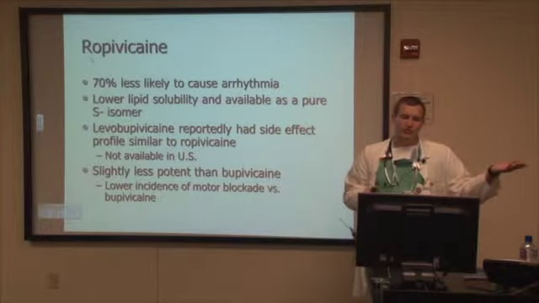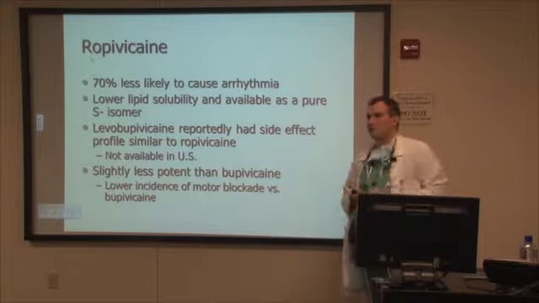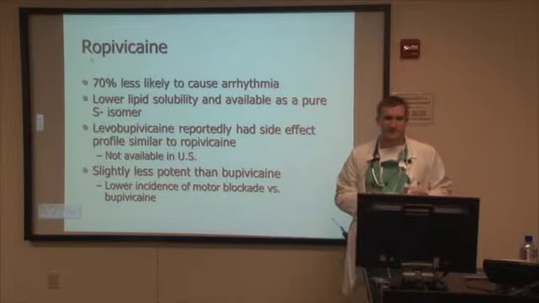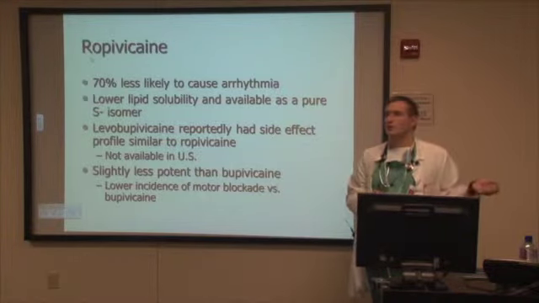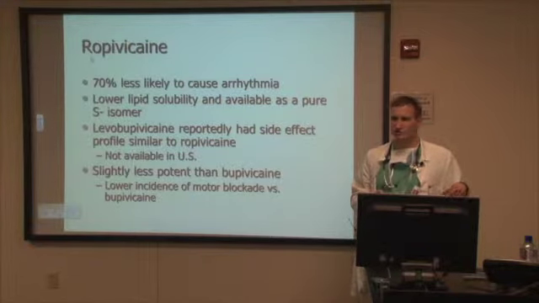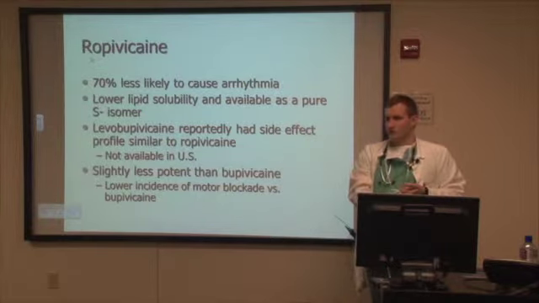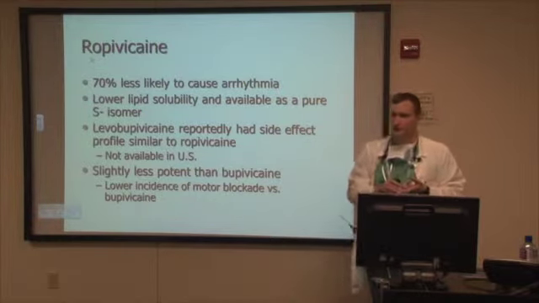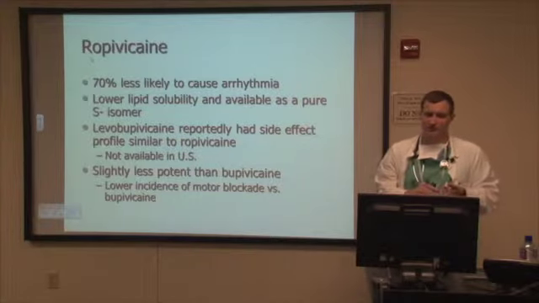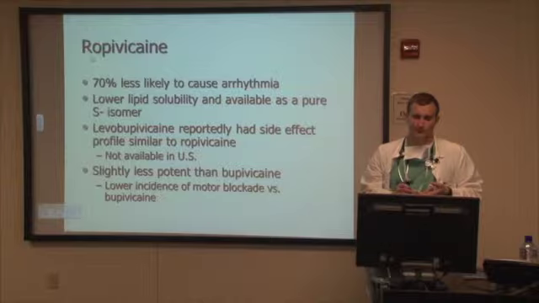It has a lower lipid solubility, and it is far less likely to put the patient into some sort of arrhythmia. So here in Kirksville, at least the anesthesia department, if we're doing a large dose of local anesthetic for an epidural or for a peripheral nerve block, we have switched almost completely to using ropivacaine.